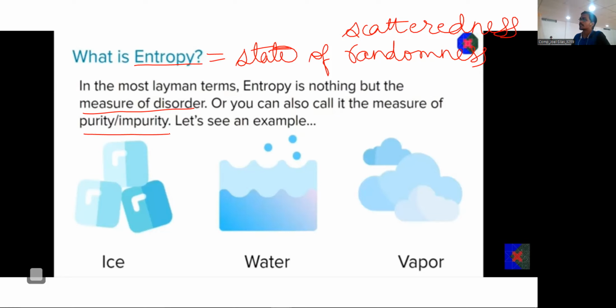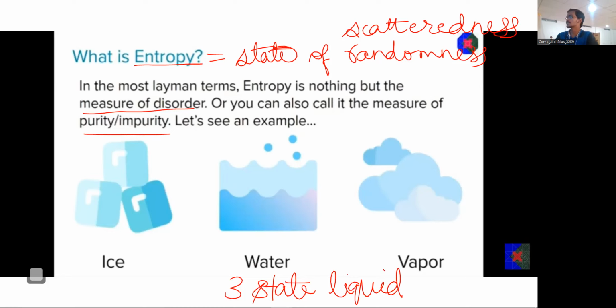For example, if we consider the 3 states of water, we know that we can have it in the form of ice, or normal water, that is liquid, and in the form of vapor. That means solid state, liquid state, and gaseous state.